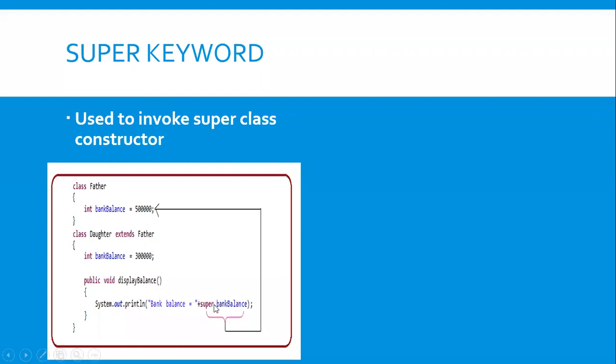This super dot bank balance will represent this 5 lakhs. If you are not using super, if you simply use only bank balance, then it will display 3 lakhs. So daughter has her own bank balance, and father has his own bank balance. But here, daughter is trying to access the father's bank balance using the super keyword.